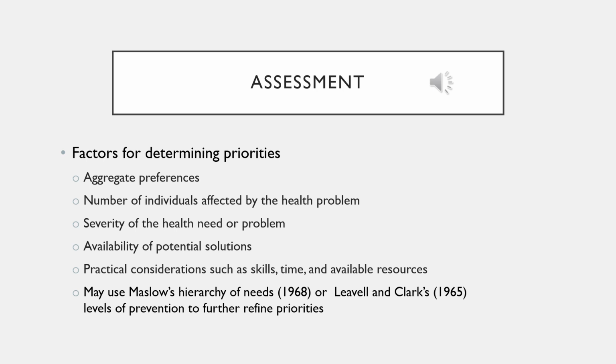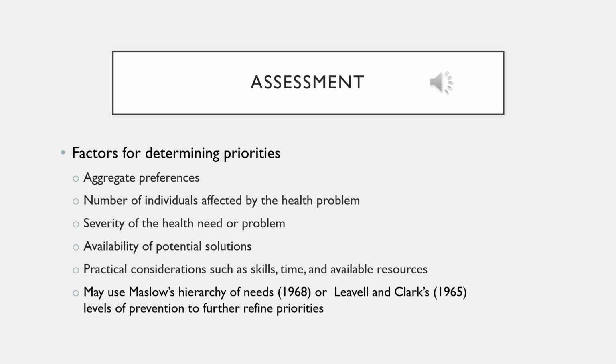Whenever we're determining the priorities during our assessment, there are some things that we want to take into consideration. The aggregate preference, what would they like? The number of individuals affected by the health problem. So, who all is being affected by our community diagnoses? The severity of the health problem, the availability of potential solutions, and practical considerations like skills, time, and available resources.